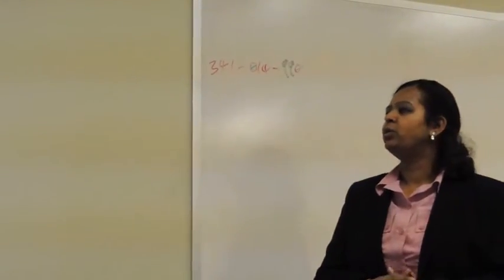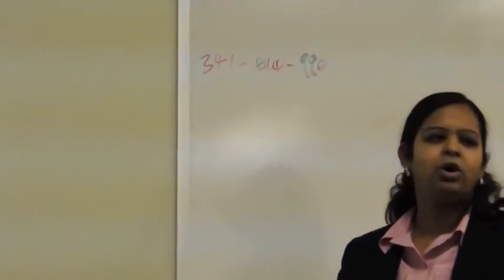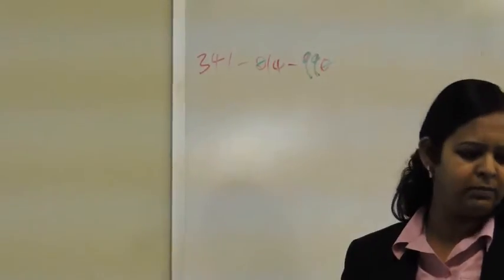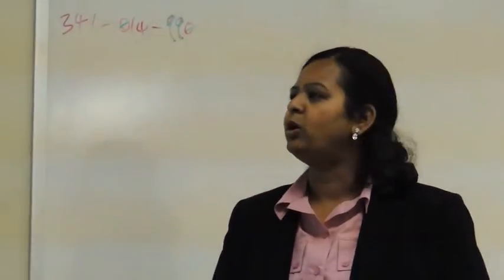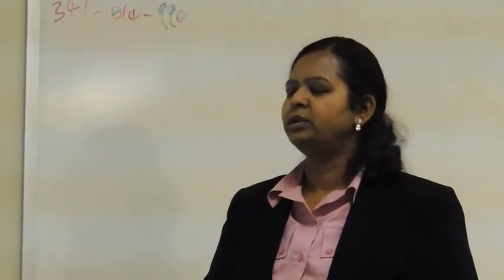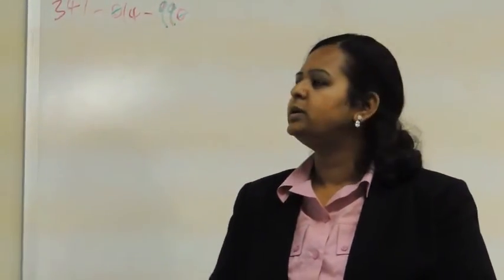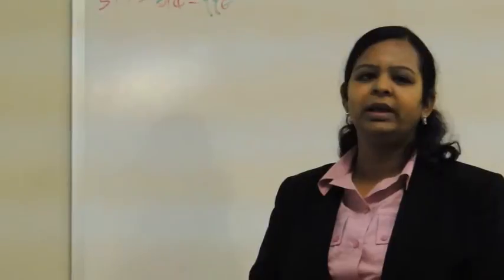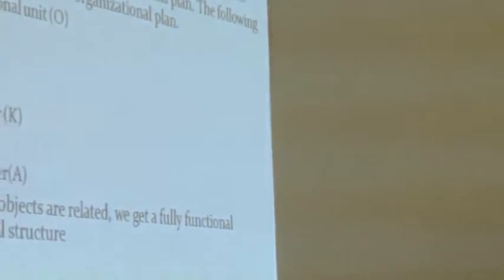Using the OOP concept, that's the object-oriented programming concept, OEM uses an object-oriented data model to represent the organization structure. Objects are used to create an organization plan in the SAP system, and the following are the basic objects to create an organization.